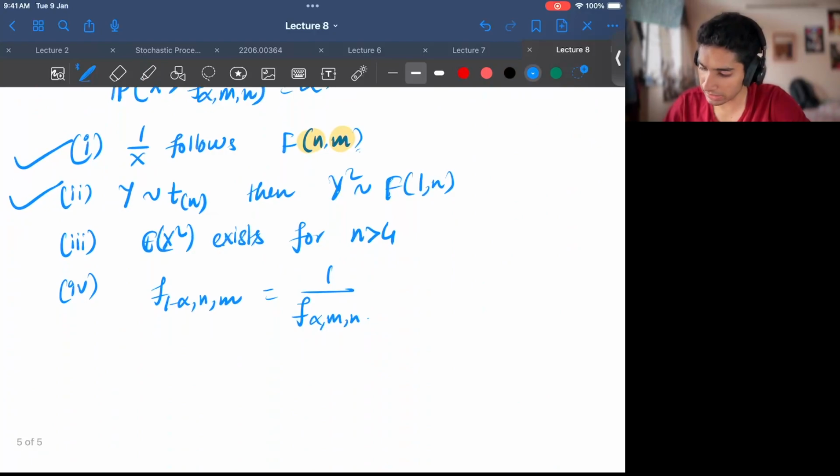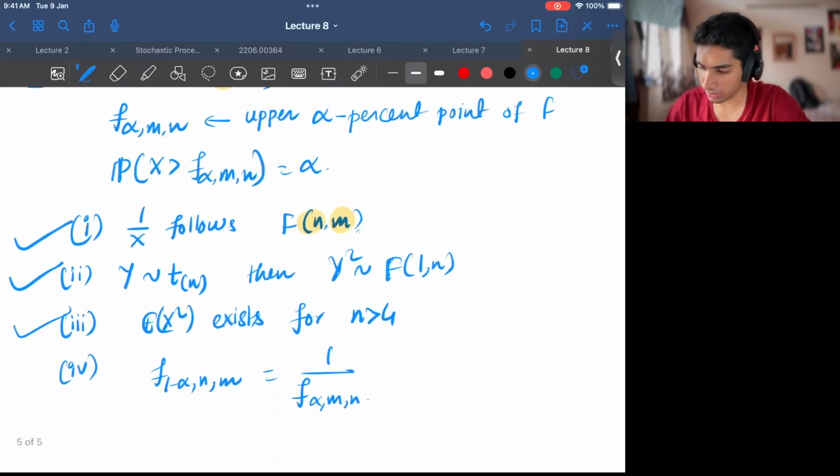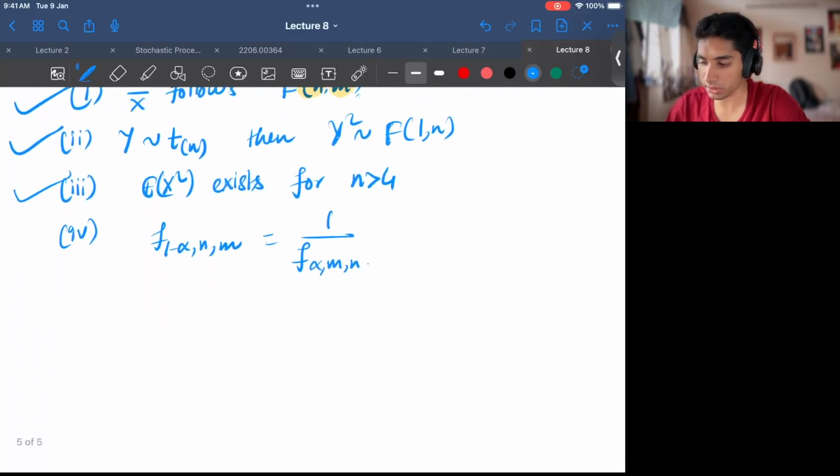The third statement is actually a property of the F distribution: the even moments of the F distribution exist only when n is greater than 4. So this is a fact basically.